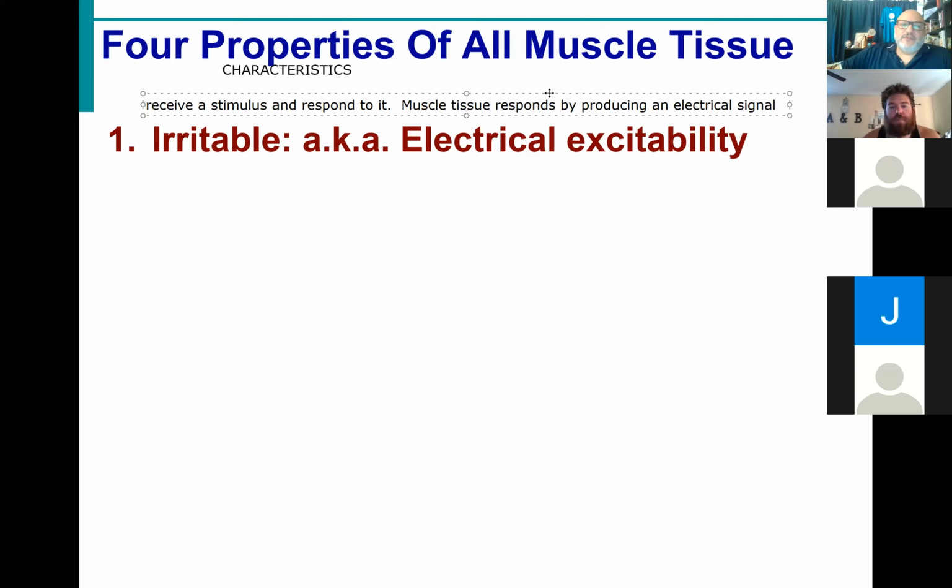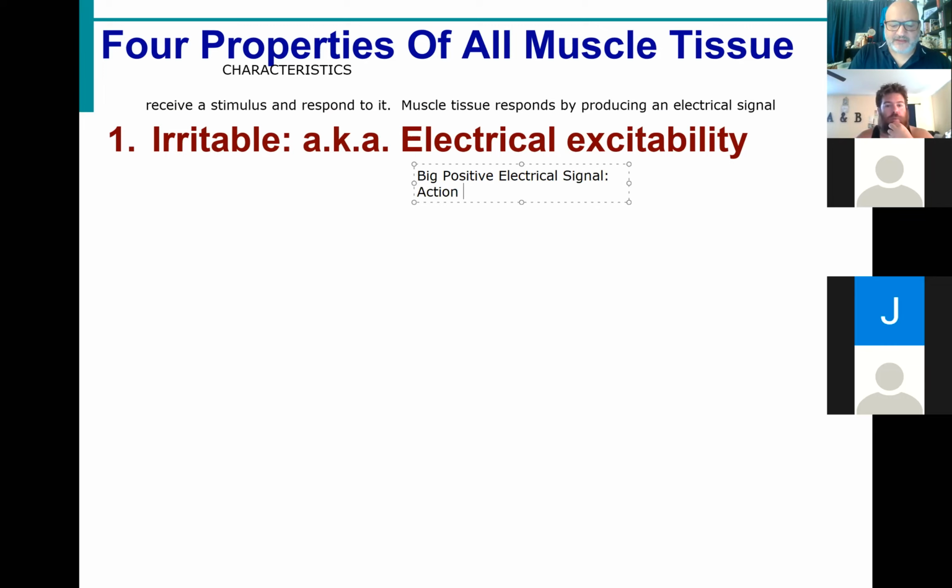So we can say it either of those 2 ways. It is irritable, it receives a stimulus and responds to it, or we can say it's electrically excitable. It is going to respond by producing an electrical signal, a big positive electrical signal. Anybody know the fancy name we give to that big positive electrical signal? Action potential. Exactly. Awesome. We call it an action potential.